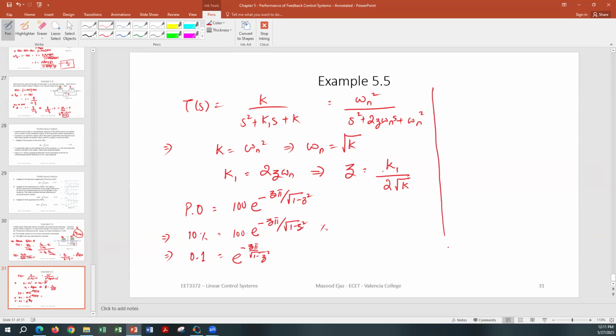Let's do it here. And we take the natural log of both sides. Natural log of 0.1 equals negative zeta pi over square root of 1 minus zeta square. And there is going to be natural log of 0.1 divided by pi, and of course, the natural log of 0.1 is going to be a negative value, so the negative is going to be cancelled out.